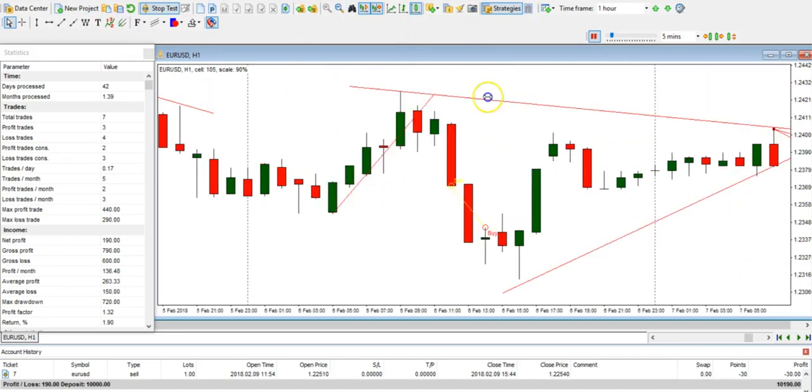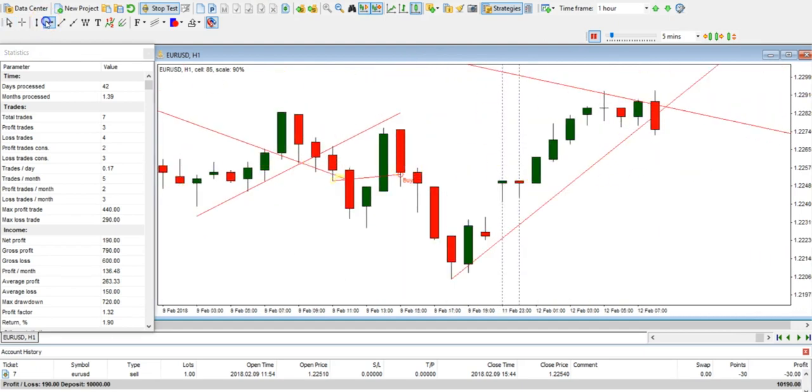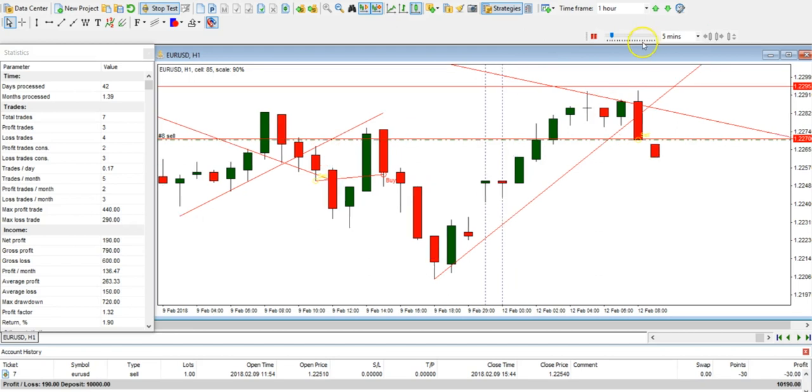Zoom in. Okay, and we're just going to hit play. Okay, so we're in the sell trade. Now we'll speed her up.